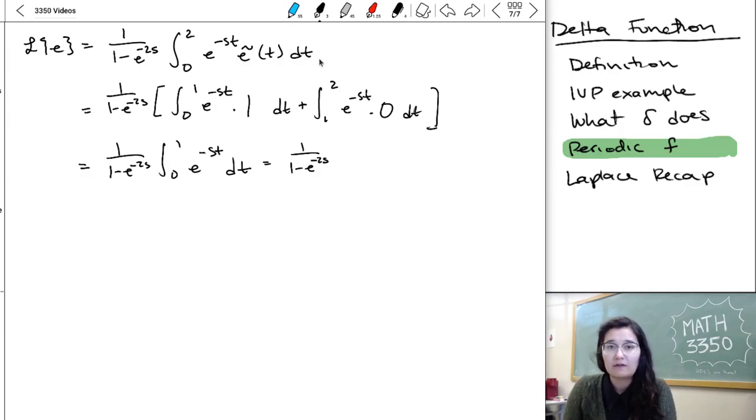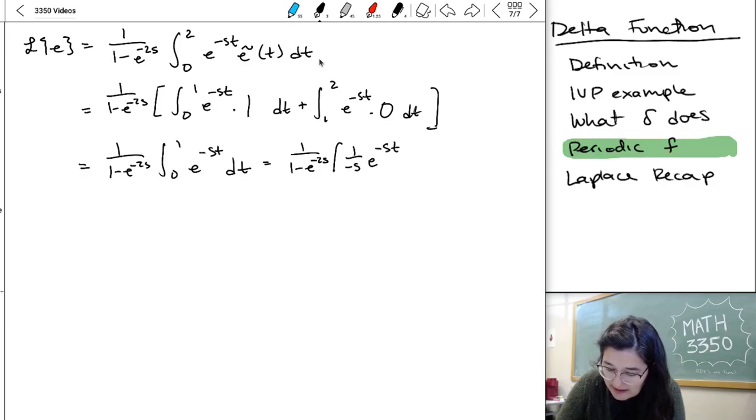The only tricky part is that we're integrating with respect to t, so we remember that minus s we treat like a number. If you integrate e to 2t, you would get 1/2 e to 2t. So when I integrate e to minus st, I get 1 over minus s times e to minus st, and I evaluate that from 0 to 1.